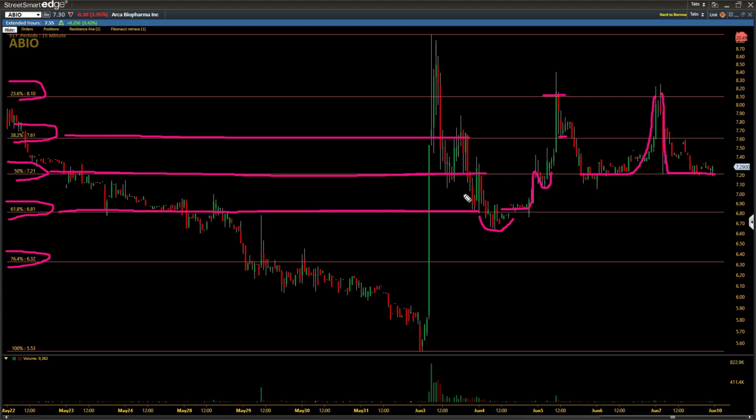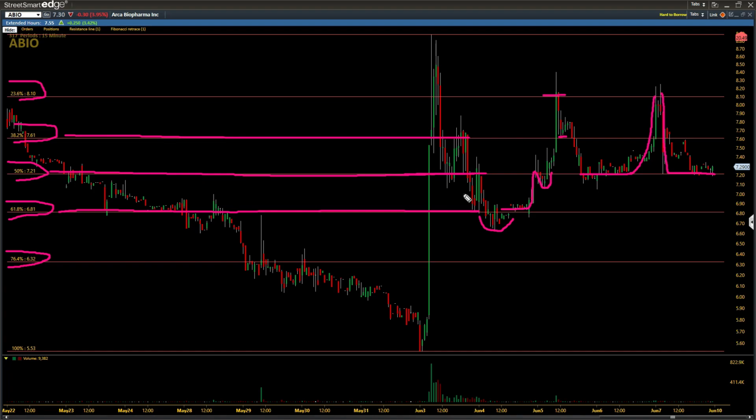And you see why a lot of traders use the Fibonacci ratios. I've shown you guys 3 examples, one with Bitcoin, one with oil and ETF, and one with ABIO. Now you see why traders use Fibonacci.